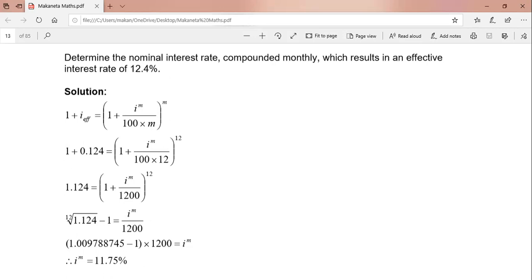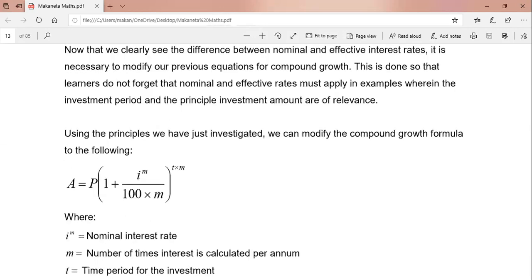It means that because you are compounding monthly, the principal amount will always be less than the accrued amount. Simply put, the accrued amount will be bigger than the principal amount. And of course, this has been demonstrated. In this case, we can see without any doubt that there is a difference between the nominal interest rate and the effective interest rate.